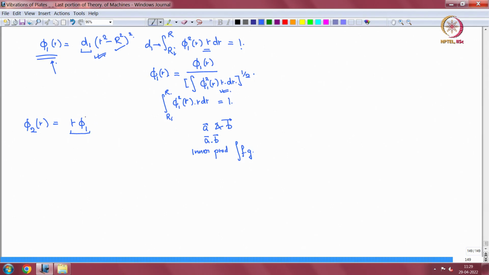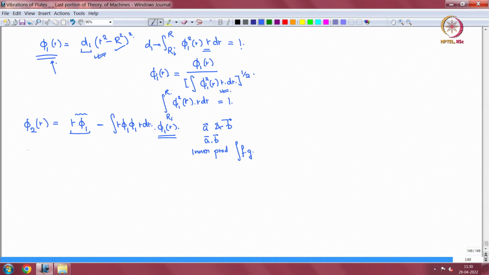So I have to take out the component of phi 1 out of r phi 1. So how do I do that? I take a minus, I integrate this r phi 1 and multiply by phi 1 and r dr. Okay, this much of phi 1 r has to be taken out. And this phi 1 r is already normalized, so we don't need any more normalization here.